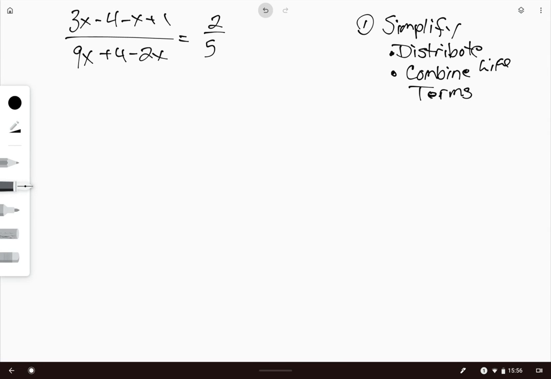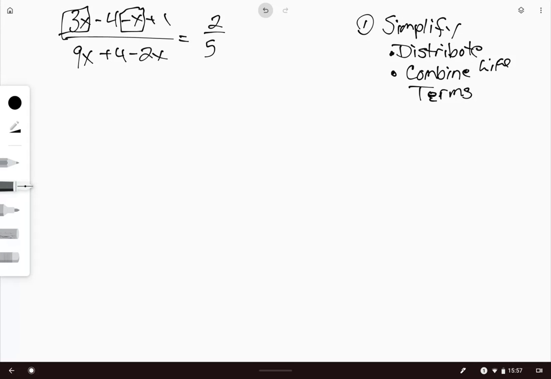Okay, so if we look here, 3x minus 4 minus x plus 1, I have a 3x right here, I have a negative x here, and then I've got a negative 4 and a positive 1.